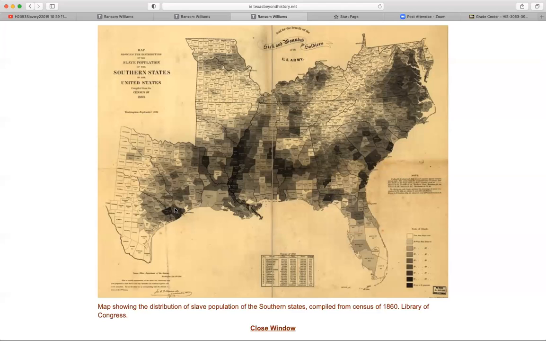So 50% of slaves worked either alone or in small groups, far less than 20. And it turned out that it was actually worse to be in a situation where there were fewer slaves than more slaves, because there was really no place to hide.